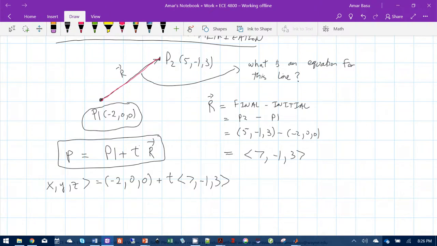Right, this should be parentheses. All right, so this is our equation for the line. Any questions? Are there any questions how we got this?